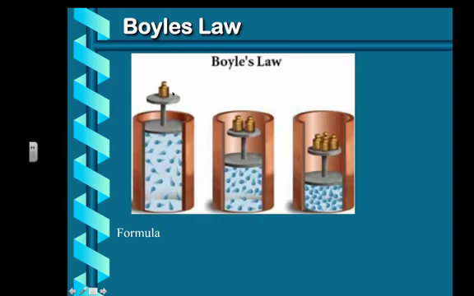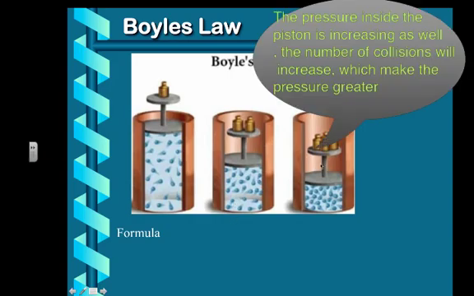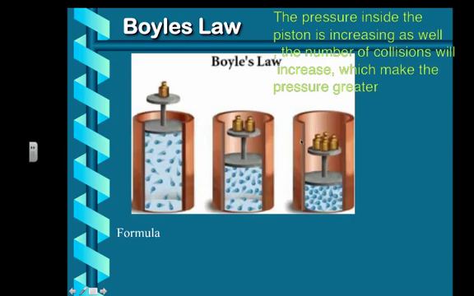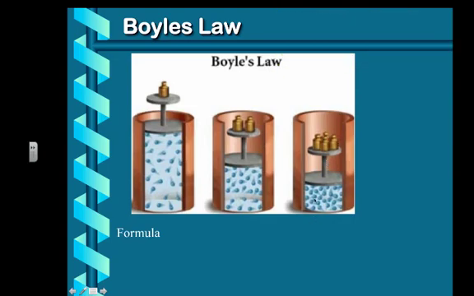But if we start exerting more pressure, we're pushing all those molecules closer and closer together. So the volume is decreasing here. You're just forcing them to be closer and closer together. So again, we increase the pressure some more, and then we're decreasing the volume even more. So as one goes up, the other one goes down.